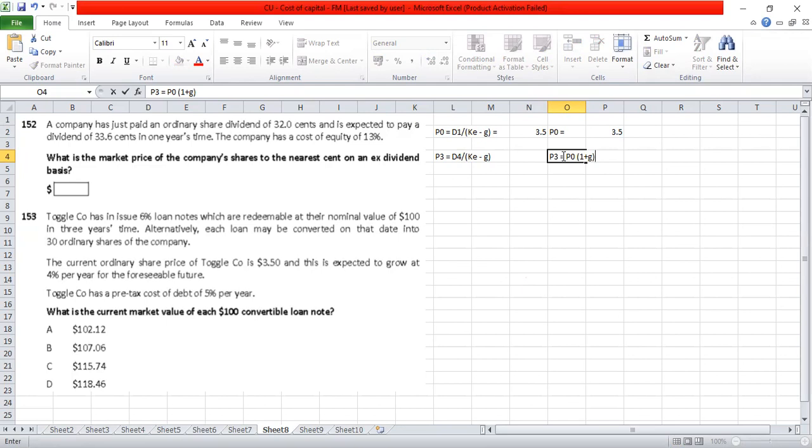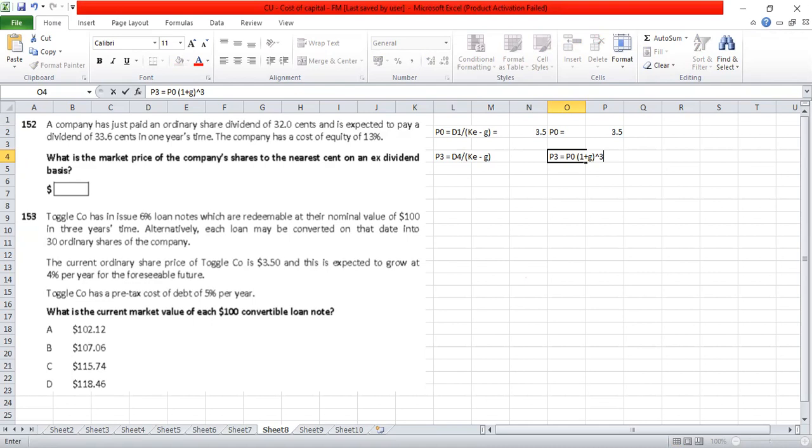So into 1 plus G, into 1 plus G, into 1 plus G. The whole thing to the power of 3, it becomes P3, because the difference between P0 and P3 is all because of the growth rate.